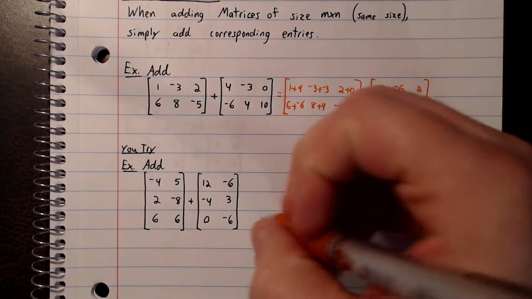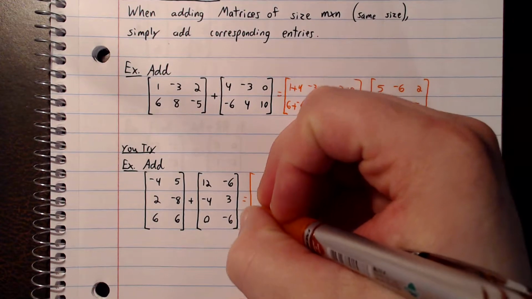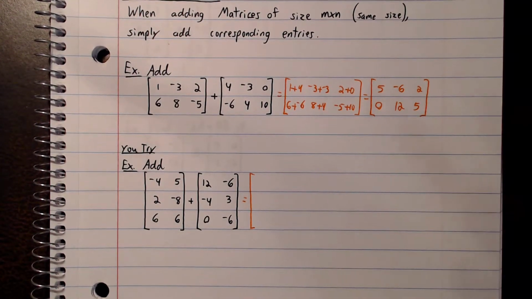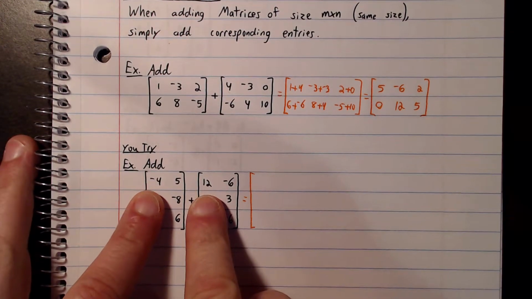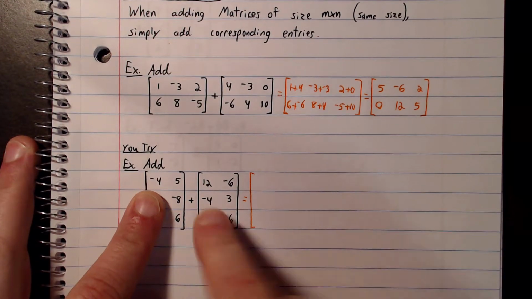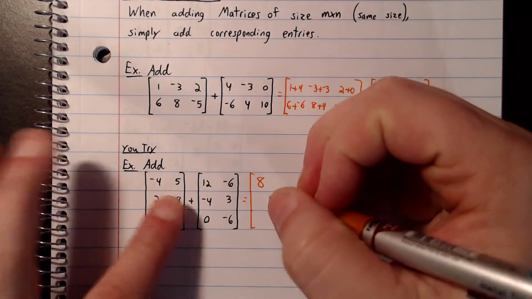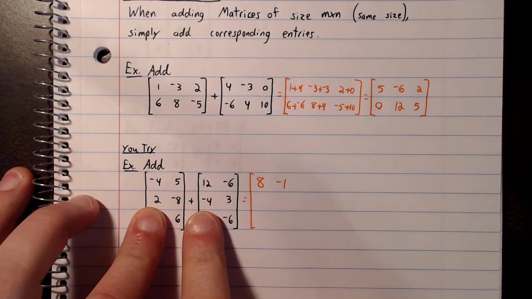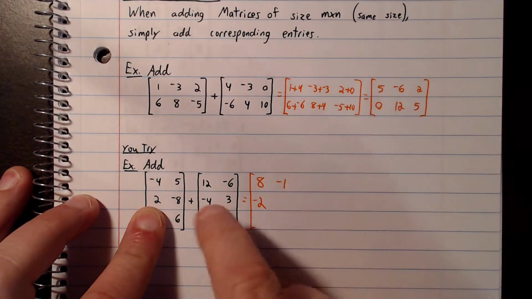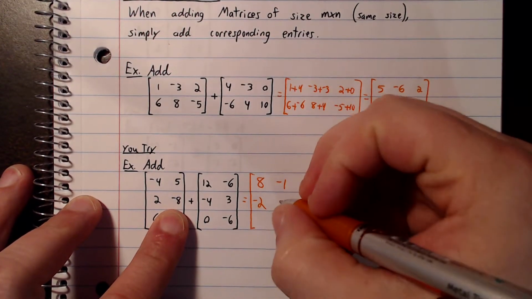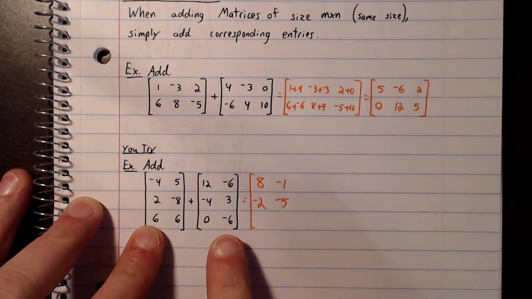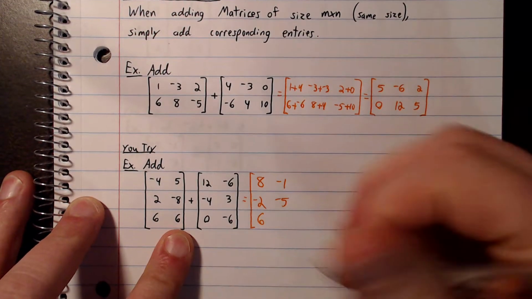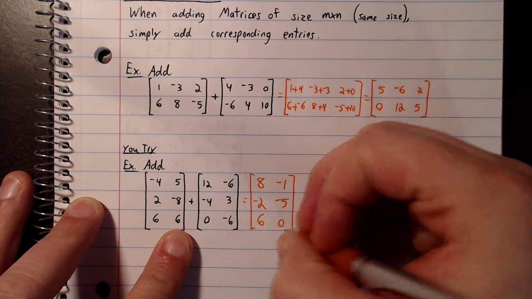Alright, we know that we're going to end up having a 3 by 2 when we add these. So we're just going to add each corresponding entry. -4 and 12, that's going to give us 8. 5 and -6 is -1. 2 and -4 is -2. -8 and 3 gives us -5. 6 and 0 gives us 6. 6 and -6 gives us 0.